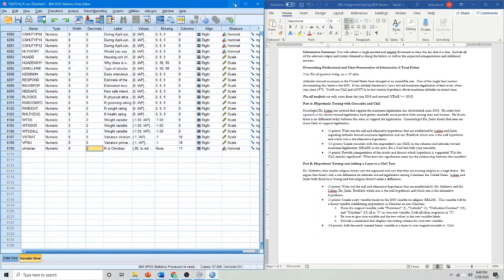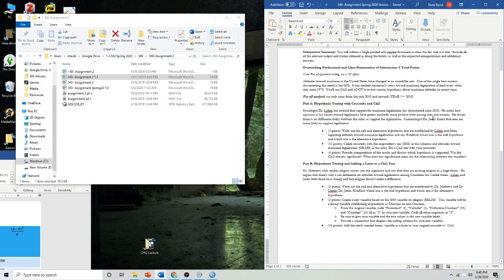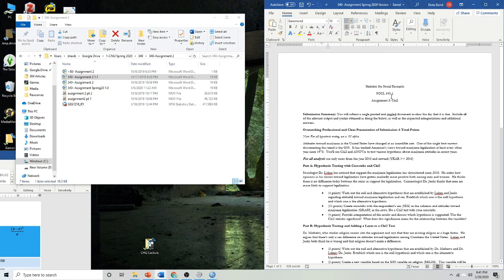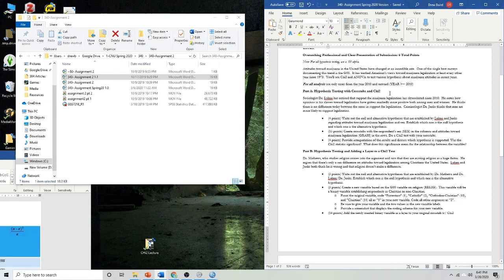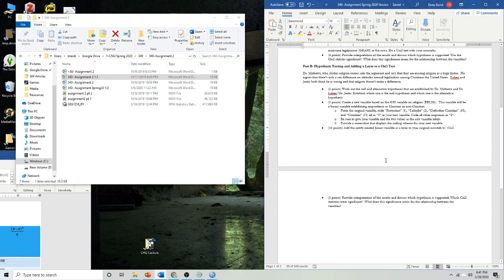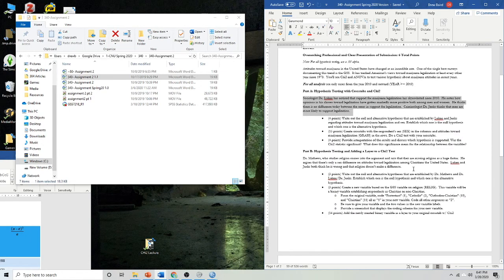So anyways, that is the extent of what you're going to be doing for assignment 3. Like I said, it should be less labor intensive and less time consuming than assignment 2. I've got a little narrative built in here, so maybe it's somewhat more interesting and helps you identify null and alternative hypotheses.